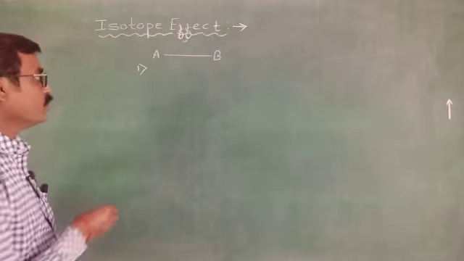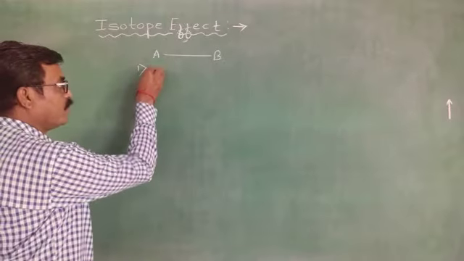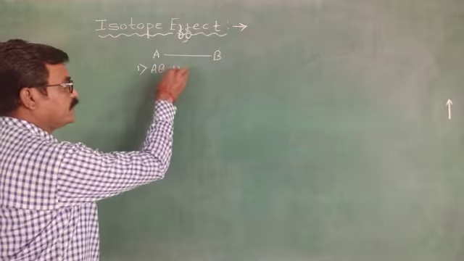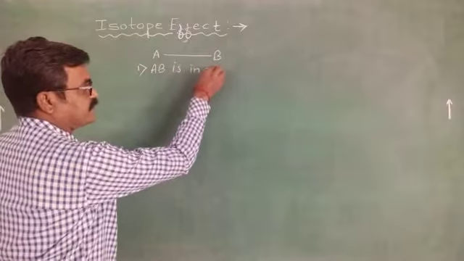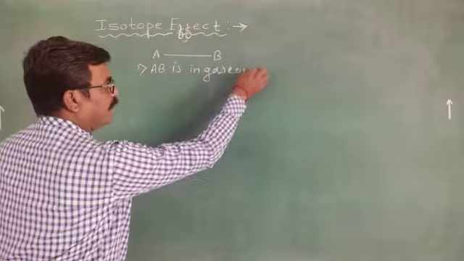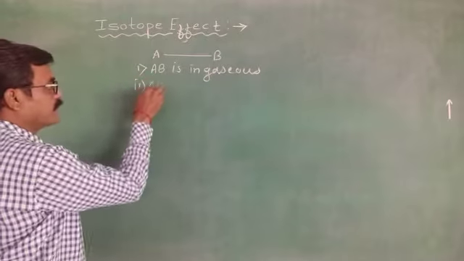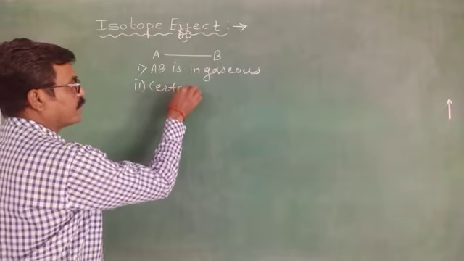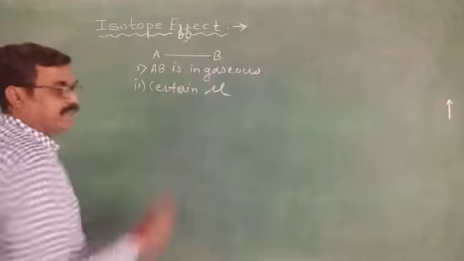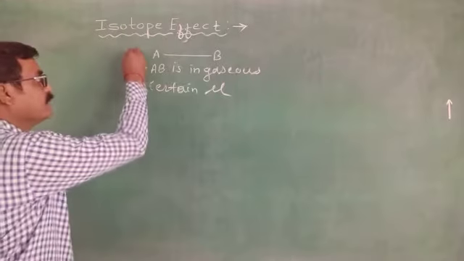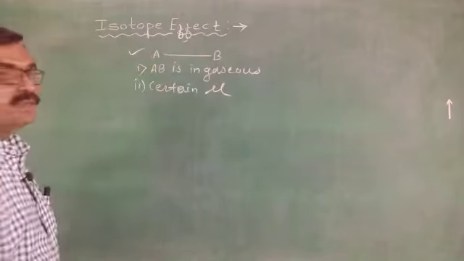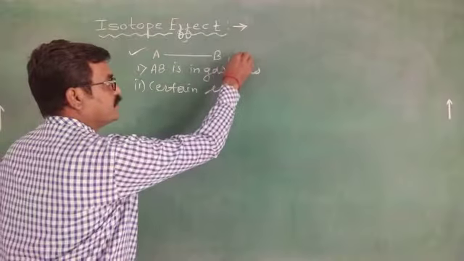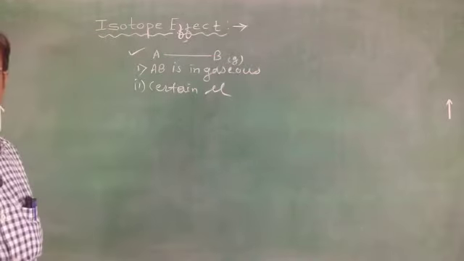Now you know this molecule AB is in the gaseous phase and it has a certain dipole moment. That's why this molecule AB in the gaseous phase gives rotational spectra.